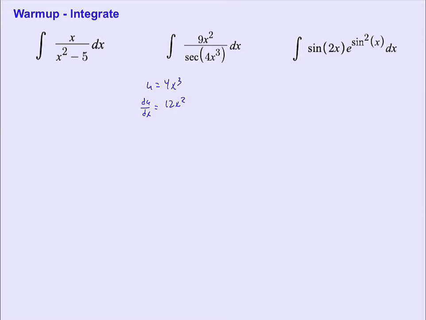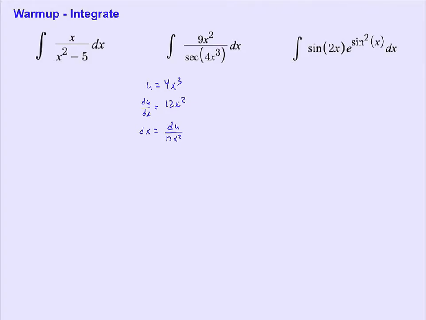A slightly different strategy, though it amounts to the same thing in the end, is to get the dx by itself, which means moving the dx over here and bringing the 12x squared over there. Sorry, dx is equal to du over 12x squared.